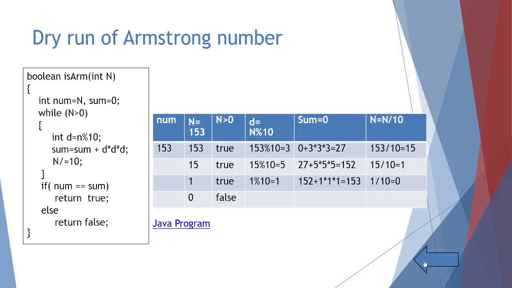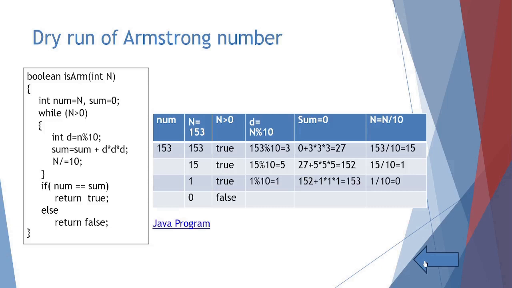The condition n greater than 0 is false, so it comes out of the loop. By that time, sum is 153 and the num which we stored before the while loop is 153. And if num is equal to sum, return true, otherwise return false. This is the concept of the Armstrong number method which returns true or false.